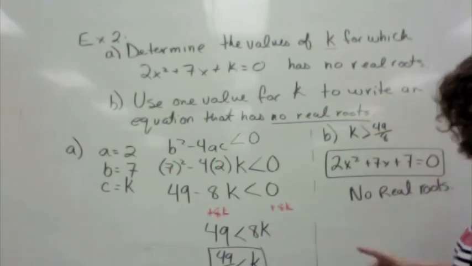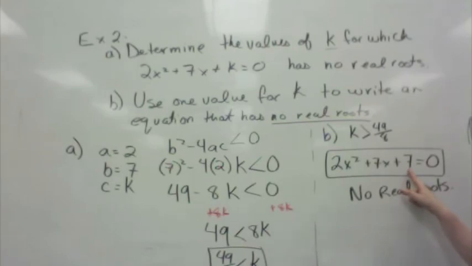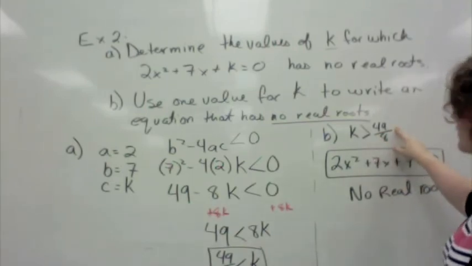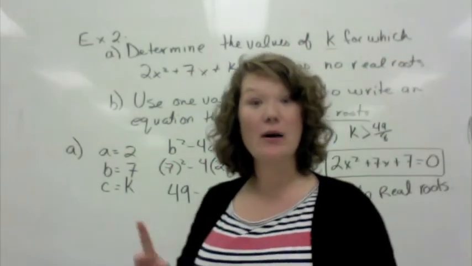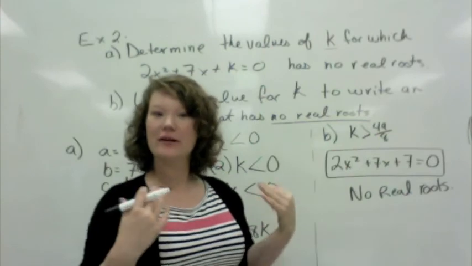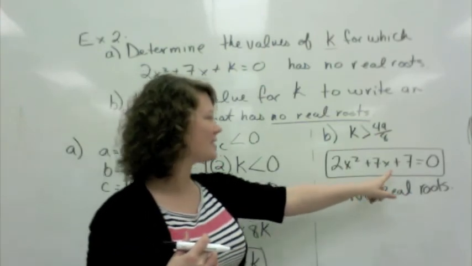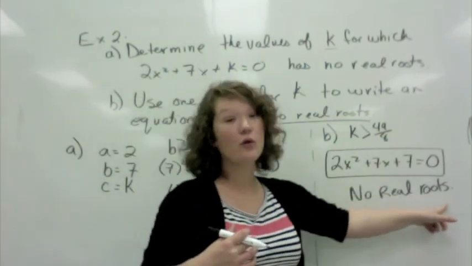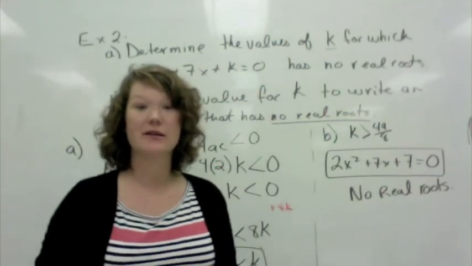Why? Because I chose 7, which is greater than 49 over 8. We know that when k is greater than 49 over 8, there are no real solutions. So if I pick 7, it means that there's no real roots or no solutions to that problem.